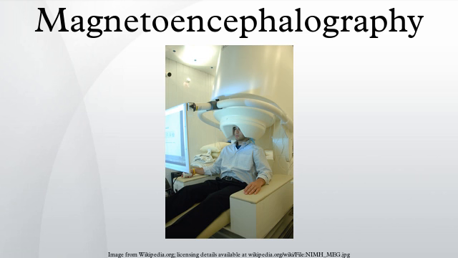MEG complements other brain activity measurement techniques such as electroencephalography, positron emission tomography, and fMRI. Its strengths consist in independence of head geometry compared to EEG, non-invasiveness and use of no ionizing radiation, as opposed to PET.